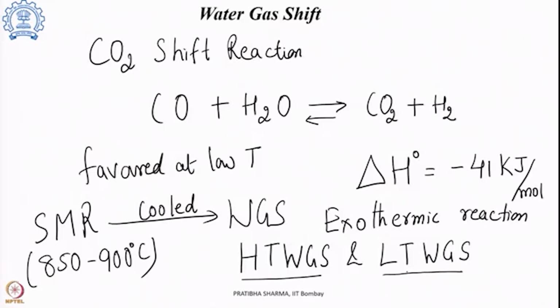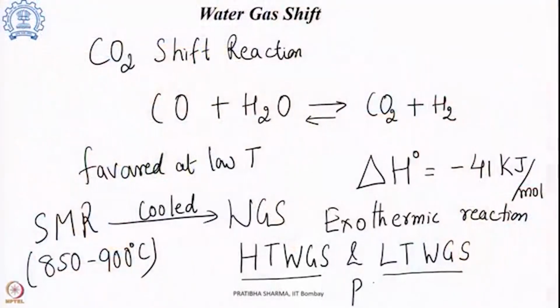For example, if the purification uses the pressure swing adsorption method, then only high temperature water gas shift is good enough. However, if it is a solvent based removal method, then both high temperature as well as low temperature water gas shift are required to reduce the carbon monoxide levels in the outlet stream from the reforming unit.